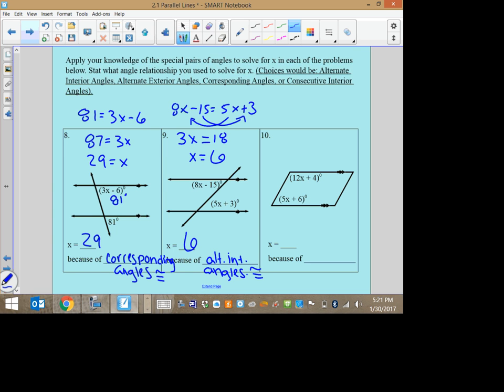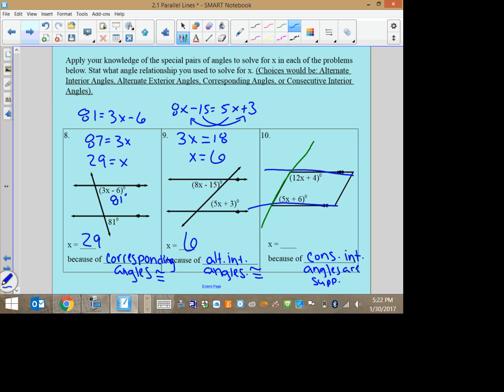Number 10, this one's a little different. It looks like a parallelogram maybe. So we still have our parallel lines. And then here we have our transversal. So we have consecutive interior angles, and those are supplements. So we know that those have to add up to 180 degrees.